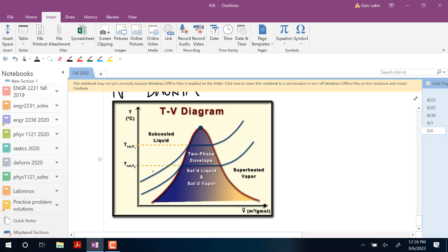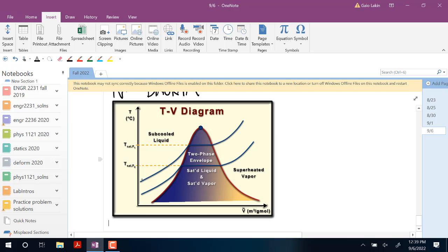If you're on the left there, you have all liquid. And when it reaches the edge of the vapor dome on the left, that's when it's a saturated liquid. And so following one of these two lines, and remember, a process is just a line. It's not this entire graph. So one process is one of these lines.